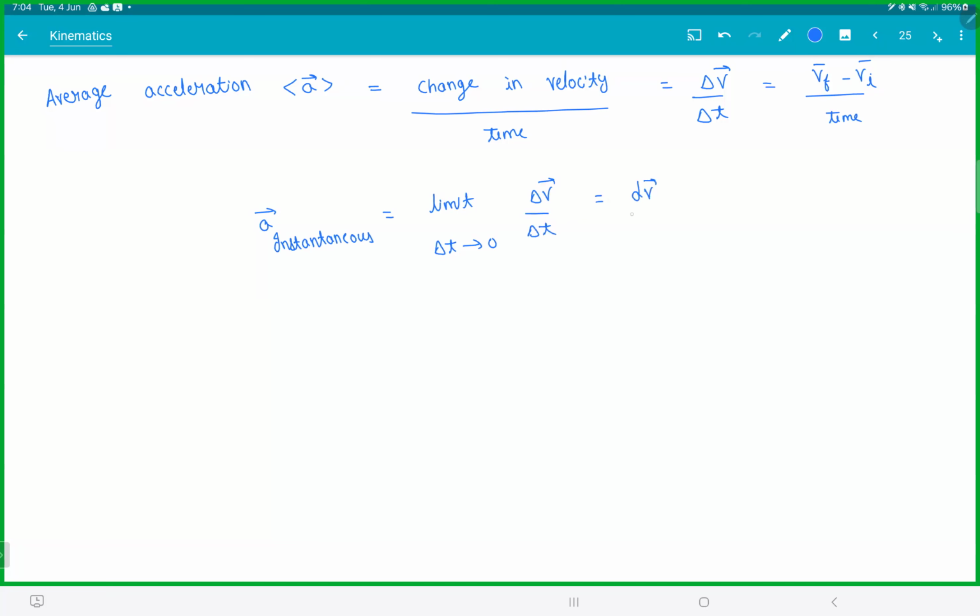This is the whole point of differentiation. When you take the time interval so small, the average becomes instantaneous and delta becomes d. So don't get worried about this limit. What it is simply saying is that when you take average acceleration for very, very small time intervals, what you get is actually instantaneous acceleration.